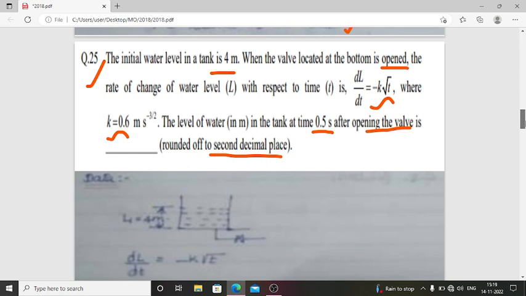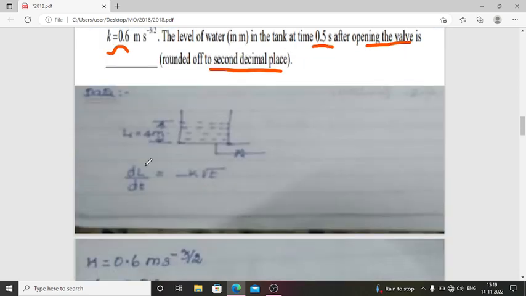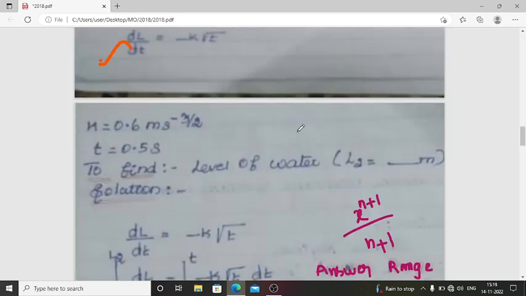So as per the problem, L1 is 4 meter, dL by dt is given as minus k into root of t, the k value is also given, 0.6 meter second power minus 3 by 2, and time is 0.5 second. So the objective is to determine the level of water, that is L2, in meter.